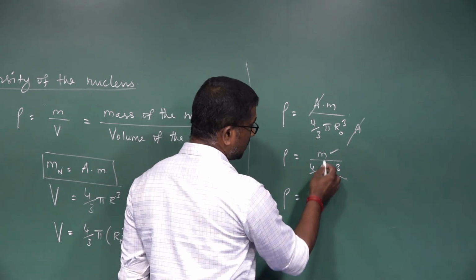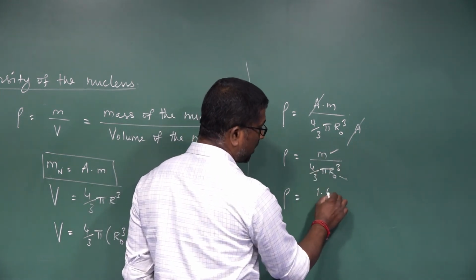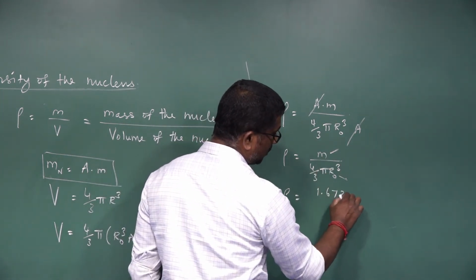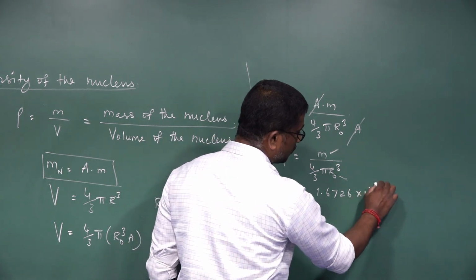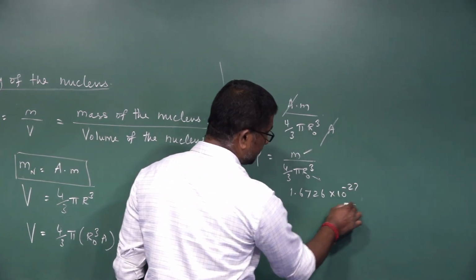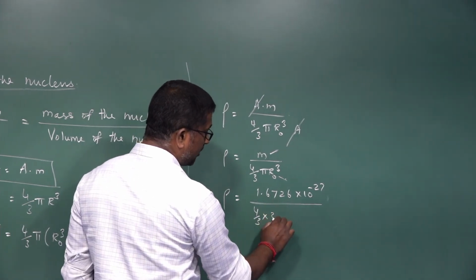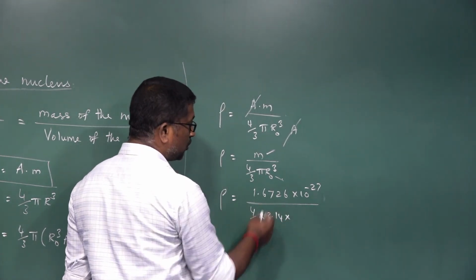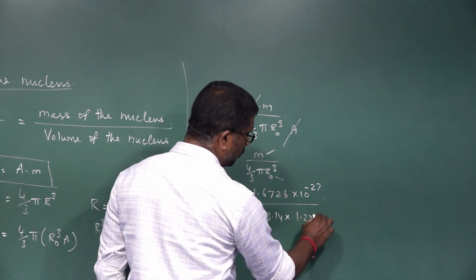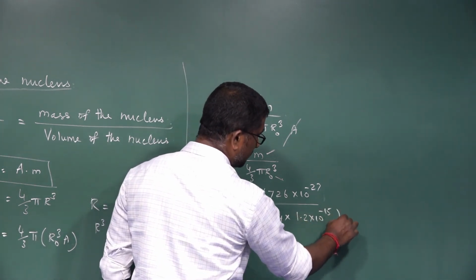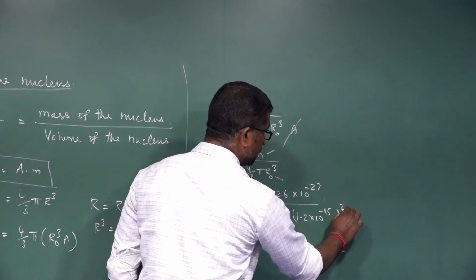Rho is the mass of one proton, 1.6726 into 10 power minus 27 kg, divided by 4 by 3, pi value 3.14, into r naught value 1.2 into 10 power minus 15, the whole cube.